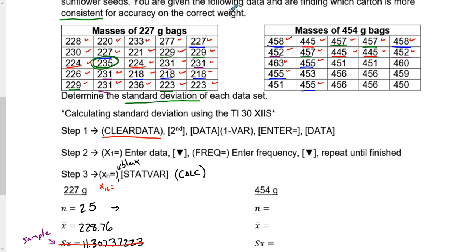Next one up, 451. 1, 2, 3. 451. Frequency of 3. Next one up, 460.